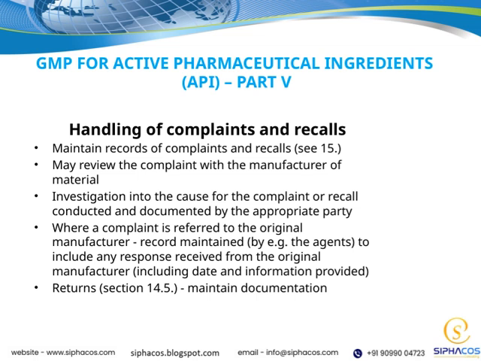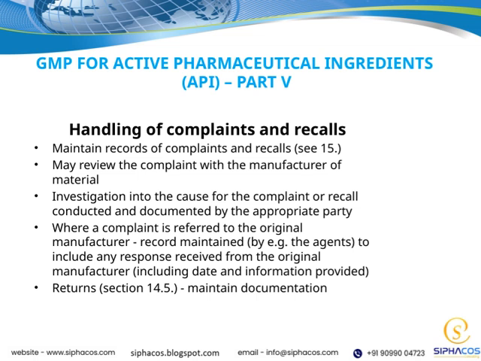If a complaint is referred back to the original manufacturer, it's important to maintain detailed records of that communication. This includes any responses received, along with the date and the information provided. This way, we have a complete picture of the communication process. Additionally, when products are returned, as outlined in Section 14.5, we must keep careful documentation of those returns.